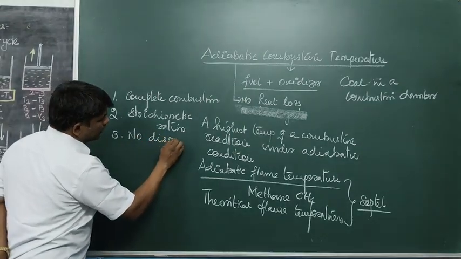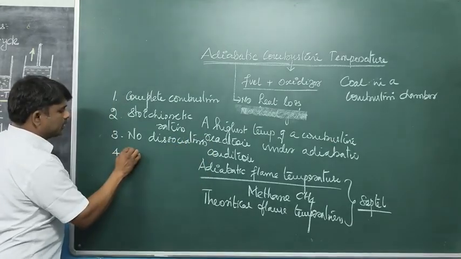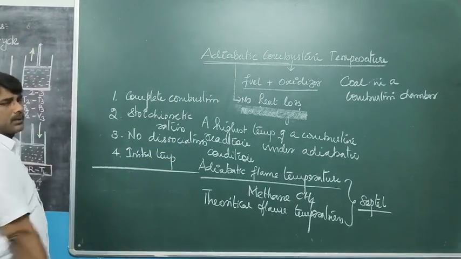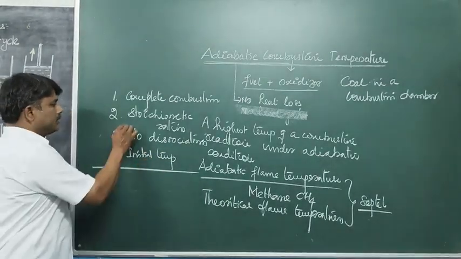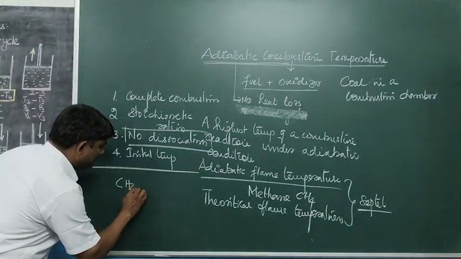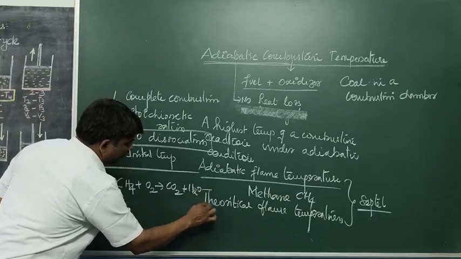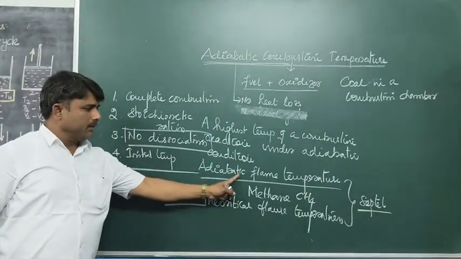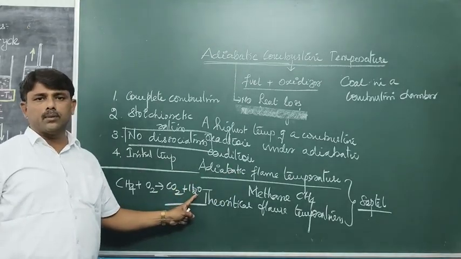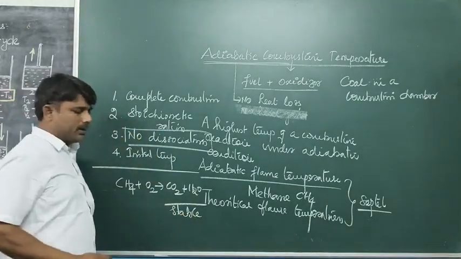Fourth is the initial temperature of the reacting material. No dissociation means, for example, combustion of methane using oxygen gives carbon dioxide and water. In adiabatic flame temperature, carbon dioxide and water are assumed to be stable components.